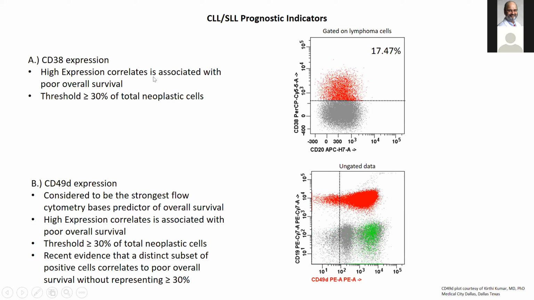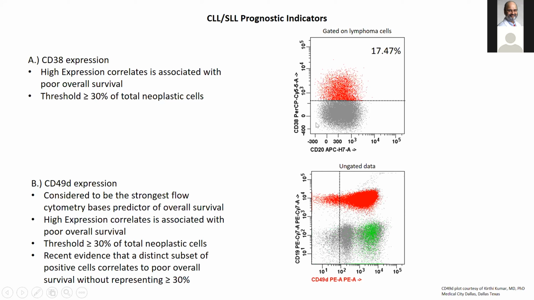Now, when you're talking about the prognostic indication, if greater than or equal to 30% of the neoplastic cells express CD38, then it's associated with an overall less favorable prognosis. Okay, so you can see in this case here, we have some positive cells for CD38, but it's only 17%.